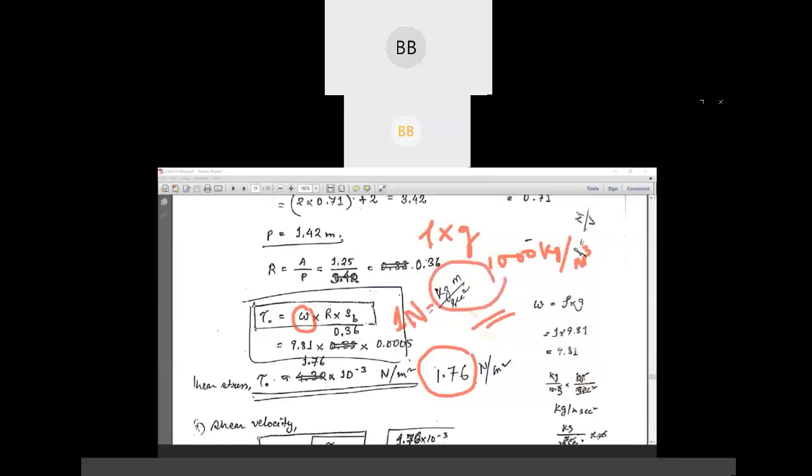So stress we always write in Newton per meter square. See if you are getting the same value or not.